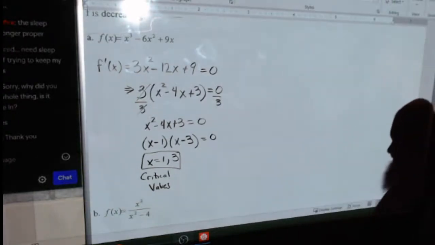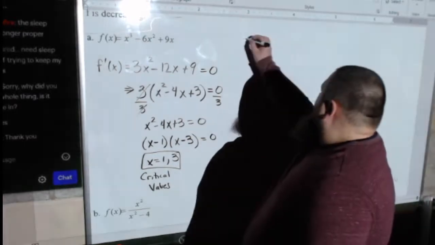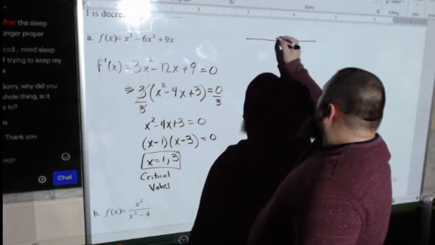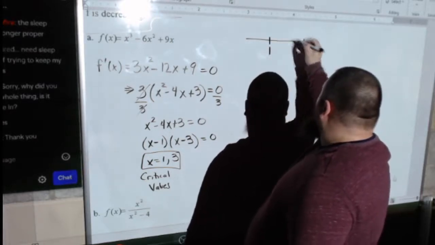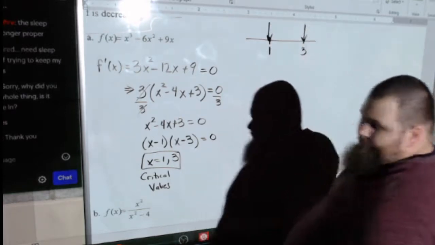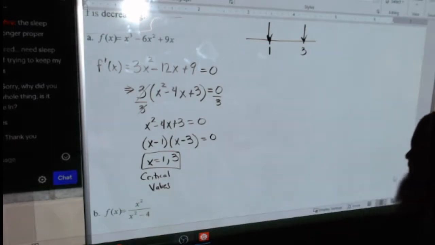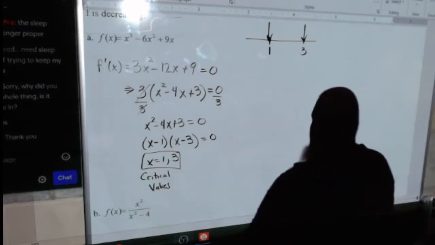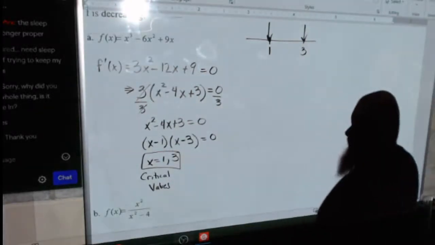So I need to set up a number line that involves those values. So I have 1 and 3. I'm going to put an arrow down to those. So effectively, this is a polynomial. I'm allowed to plug any value of x I like in there.